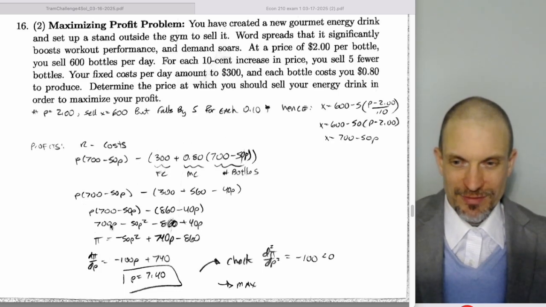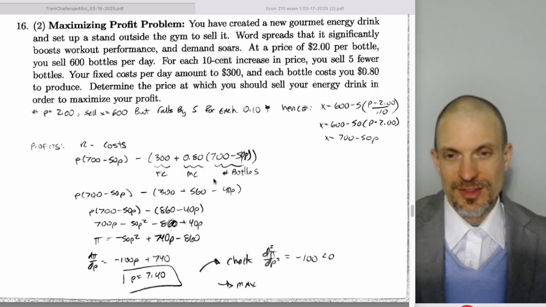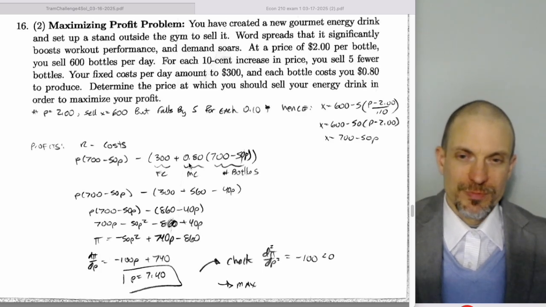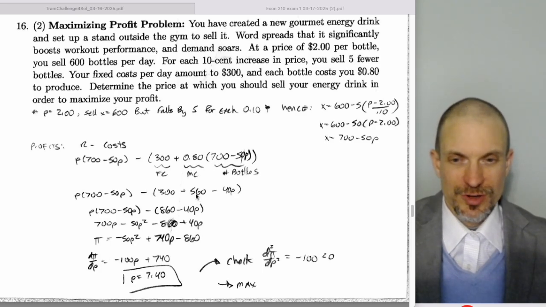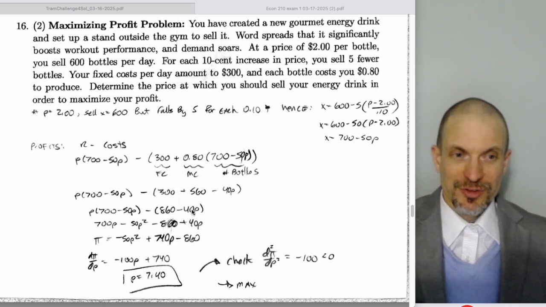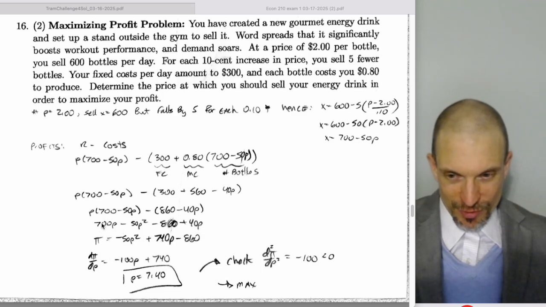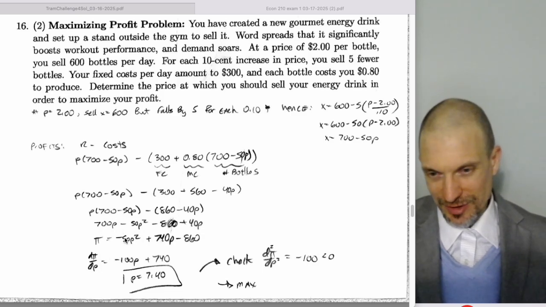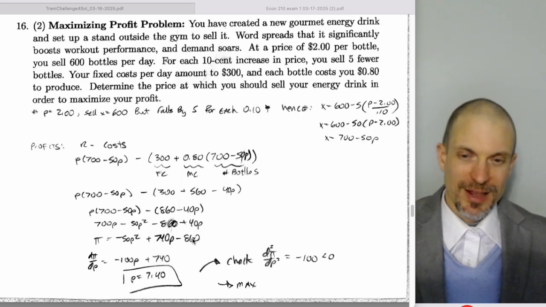So this is going to be 700p minus 50p squared, minus the quantity 300 plus 560 minus 40p. 80% of 700 is 560, and 80% of 50 is 40, that's where that's coming from. 300 plus 560 is 860, and minus a minus 40p is a plus 40p. So I'm going to get 740p when I collect like terms, minus 50p squared, and then minus 860.